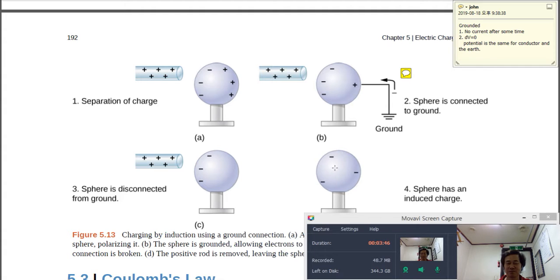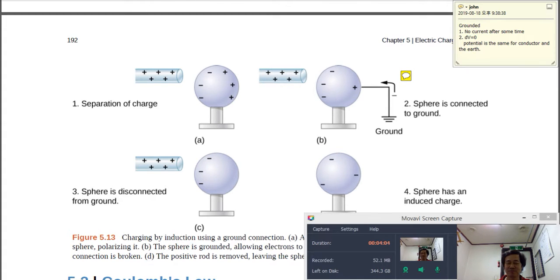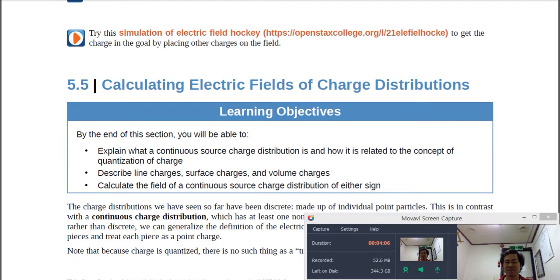Then we can see that here we have a negatively charged sphere. So we can charge this conducting sphere by grounding.